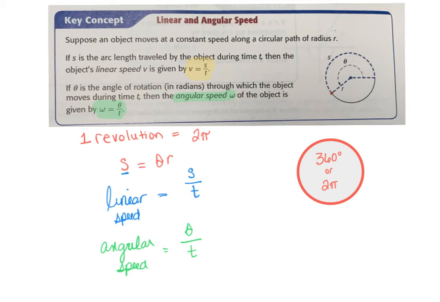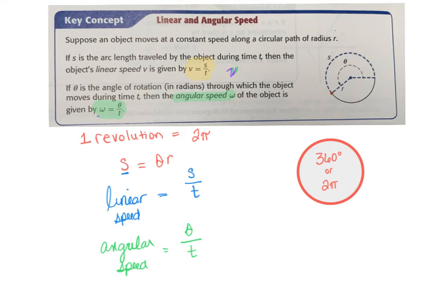So let's look at the example here. Just really quickly, I want to show you that they have specific letters for linear speed versus angular speed. Here it isn't as obvious. It looks like a V, but if you look at your homework, it actually looks almost like a cursive V. It's actually the Greek letter nu.